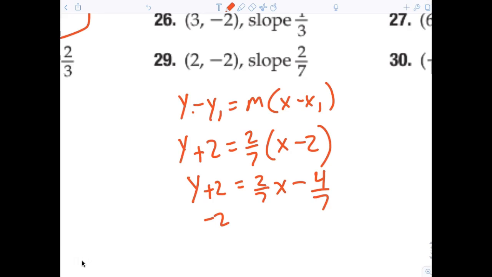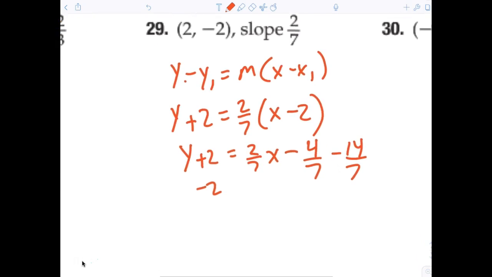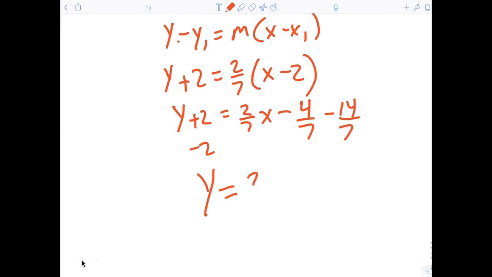How many sevenths are in 2? 14. Thank you very much. Minus 14 sevenths. Anybody have any questions with why it's 14? Girls, any questions? So your final answer is y equals 2 sevenths x minus 18 sevenths.